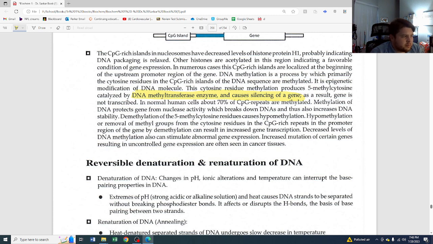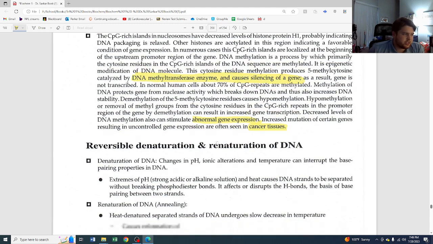Decreased levels of DNA methylation can stimulate abnormal gene expression. Increased mutation of certain genes resulting in uncontrolled gene expression is often seen in cancer tissues. So we want our DNA to be properly methylated. If it's hypomethylated, bad things can happen. We can get abnormal gene expression, and as a result, you can also see it with a lot of cancer tissues.